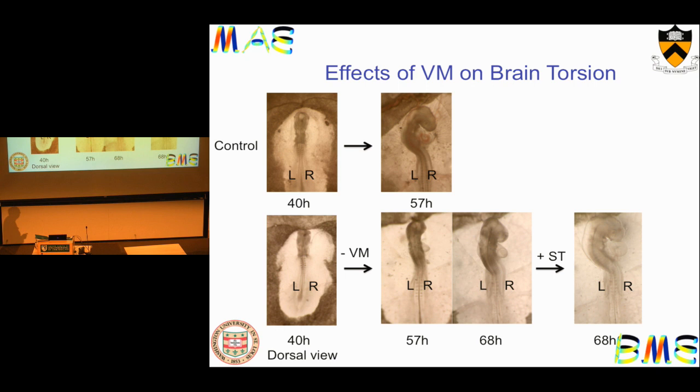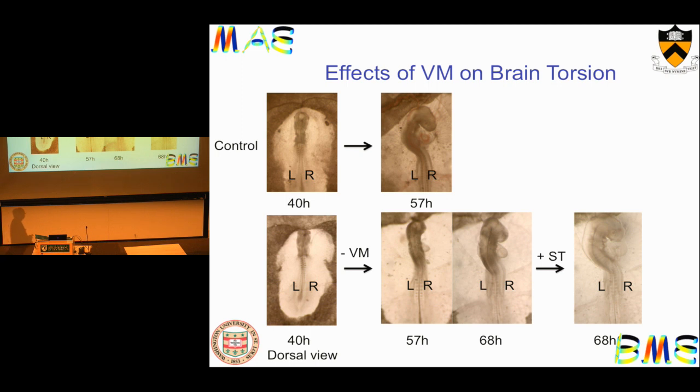If we further cultivate it for 11 hours or so, the brain torsion increases, but is still dramatically smaller than the torsion in a control embryo, where it twists almost 90 degrees.